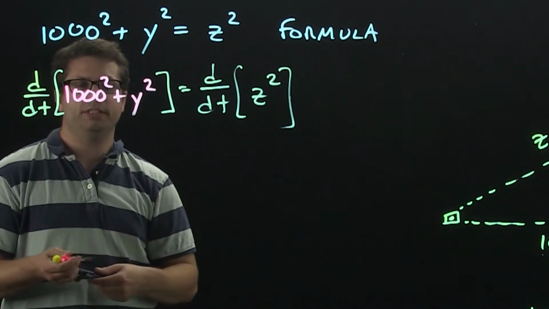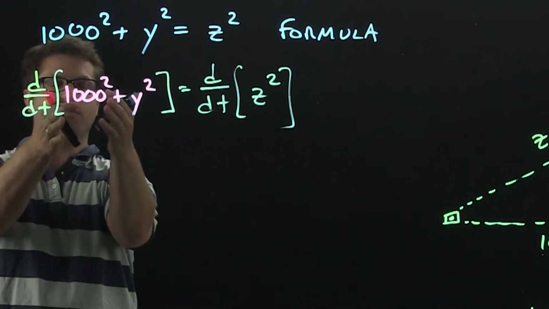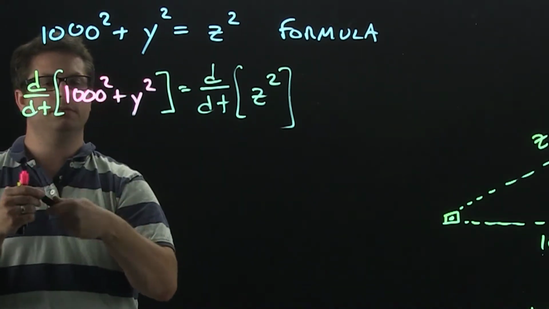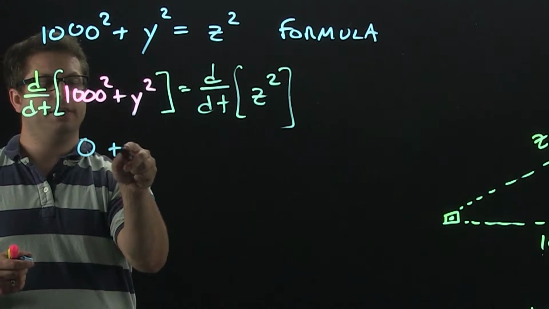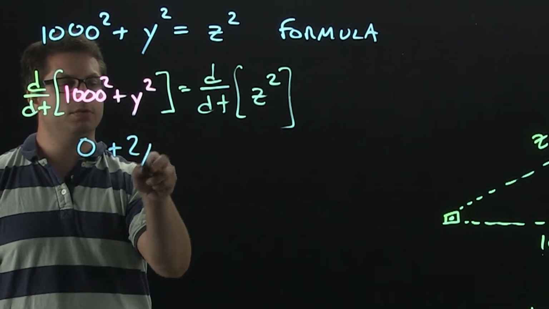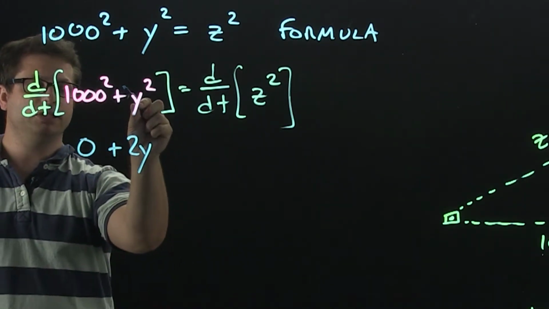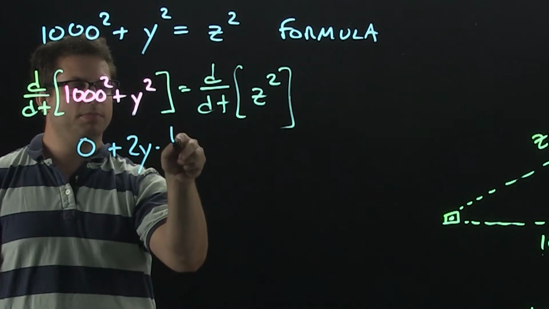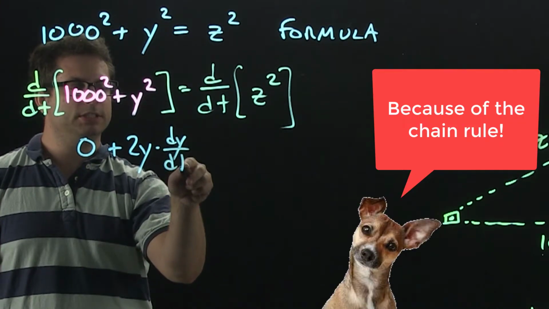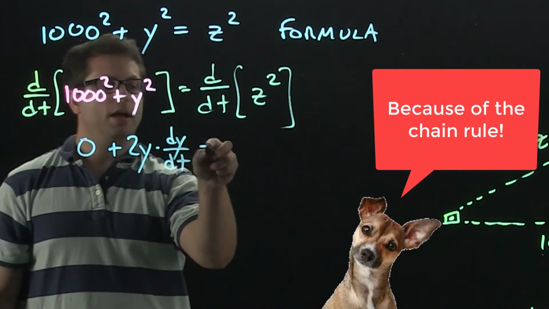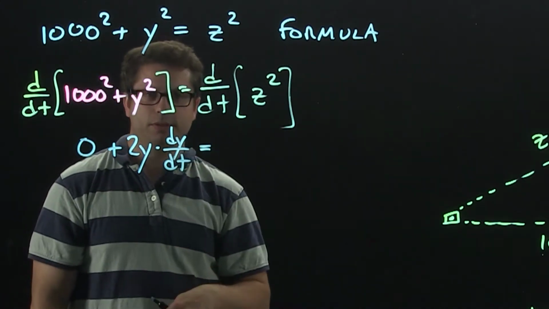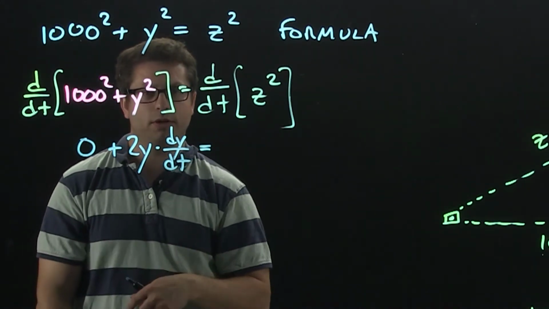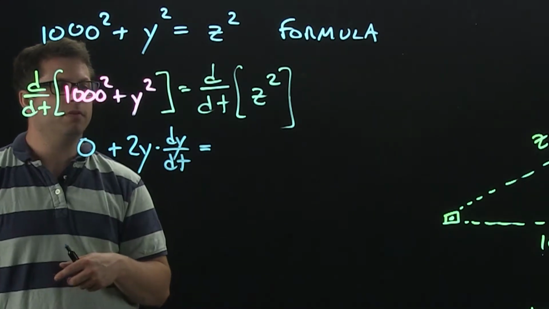When I differentiate the left-hand side, the derivative of 1,000 squared is just 0, and the derivative of y squared is going to be 2y. But since y is a function of t, we have to multiply by the derivative of y, which is dy/dt. If you have any questions about how implicit differentiation works, we've got a bunch of other videos that go over that.